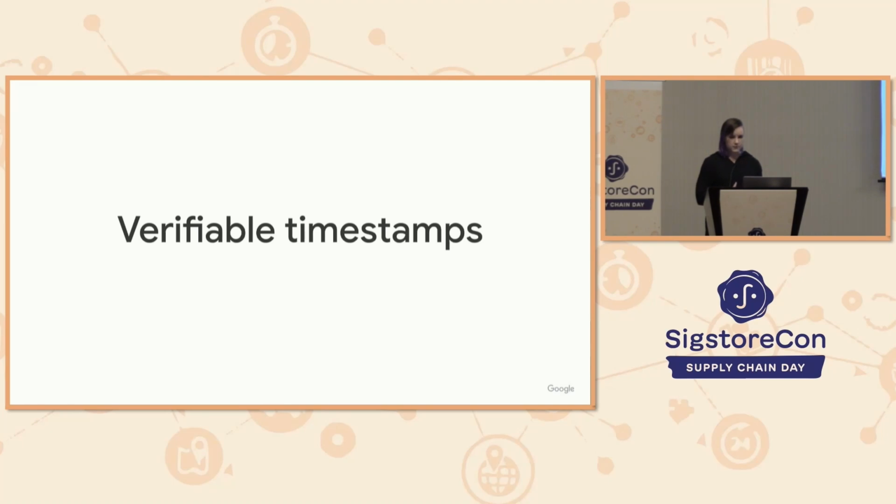So I talked a little bit about verifiability and wanting Rekor to be closer to a zero trust system. But one open question we have around that is with timestamps. Timestamps are currently generated by Trillian when an entry is integrated into the log. But there's not really a way for Trillian or Rekor to be prevented from lying about the time.